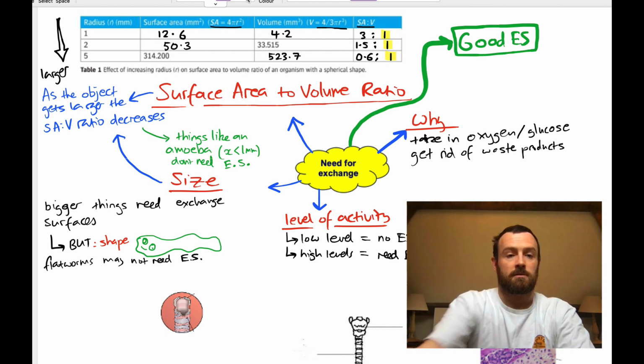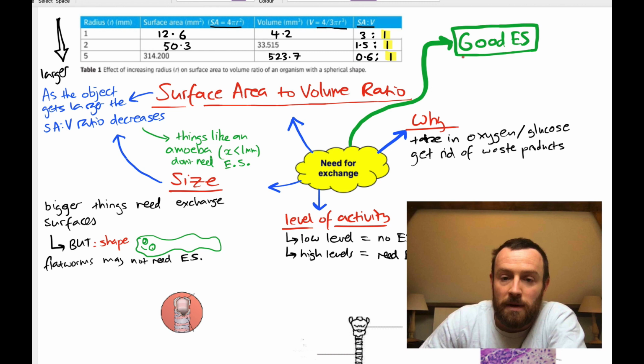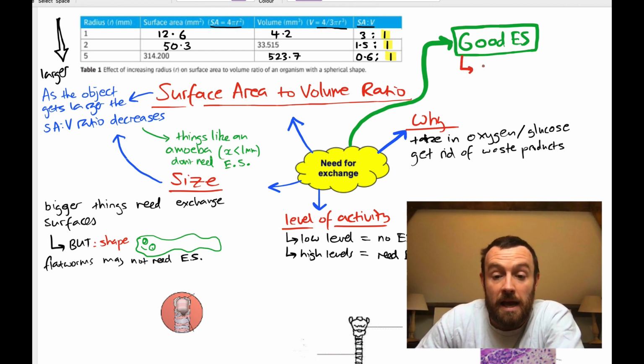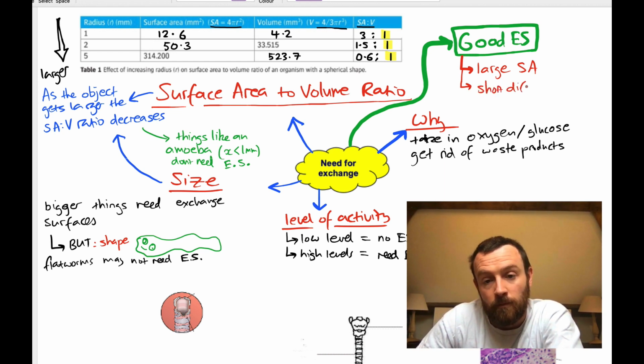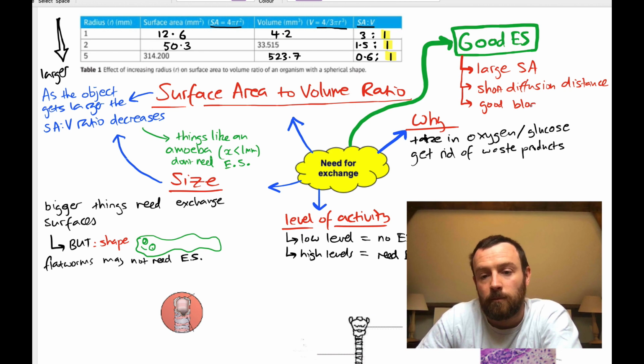Speaking of insects, fly in front of me. Right, okay, so good exchange surfaces. What do we need? Well, we need a large surface area. We need short diffusion distance. And we need a good blood supply.